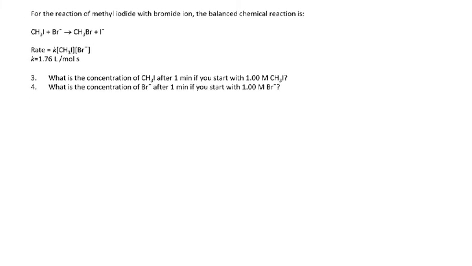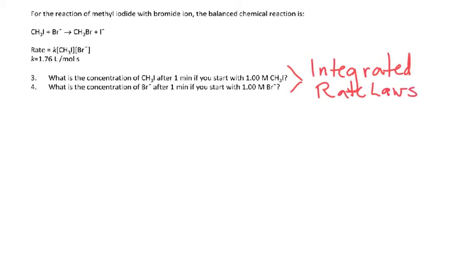So now we want the concentration of the methyl iodide after a minute, and the concentration of the bromide after a minute. Whenever you're looking for a concentration at a particular time, that is how you should recognize that you now need the integrated rate laws, because in the integrated rate laws you have concentration at various times.